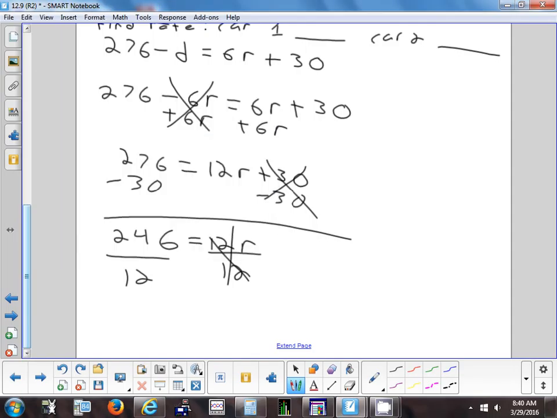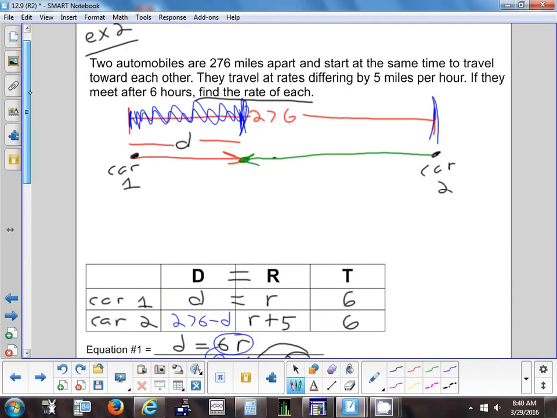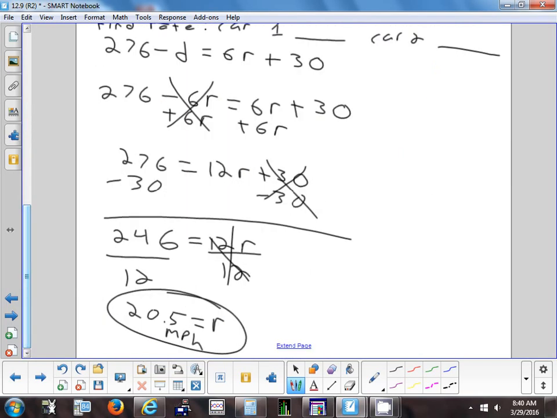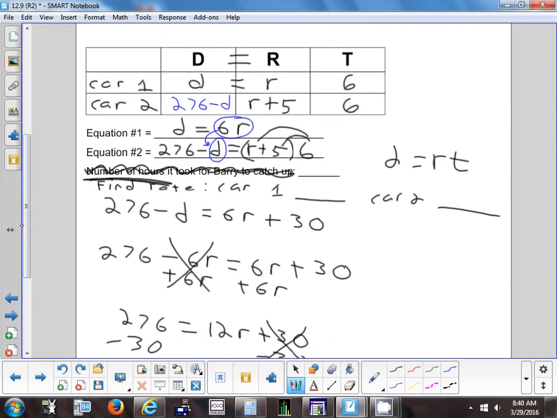20.5. Now, I'm going to scroll back up, and I want you to tell me what 20.5 is. Is it miles per hour? Yep, miles per hour. So it says R equals 20.5. What's R based on our table? R is the rate, or speed.